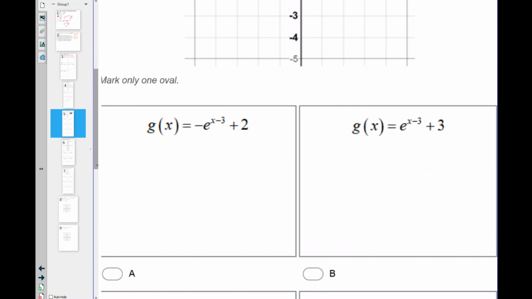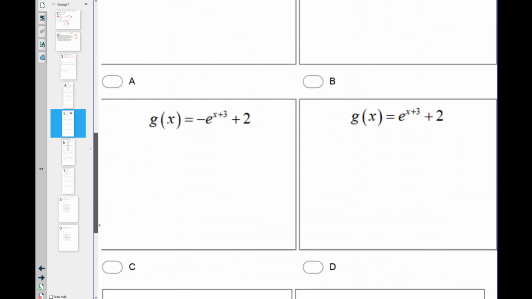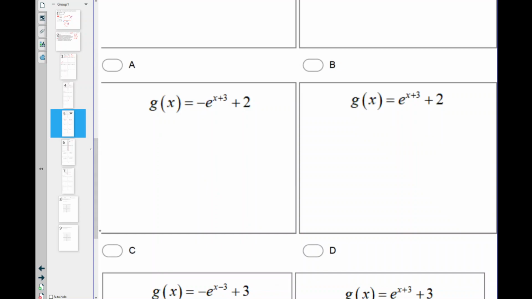Like here, why can't it be A? A is negative here. That would have meant that you would have flipped over the x-axis, and that didn't occur. It's staying above. Why can't it be B? The asymptote is not at 3, so it can't be that one. Yeah, the whole point is that you're not expected to know how to do a regression.